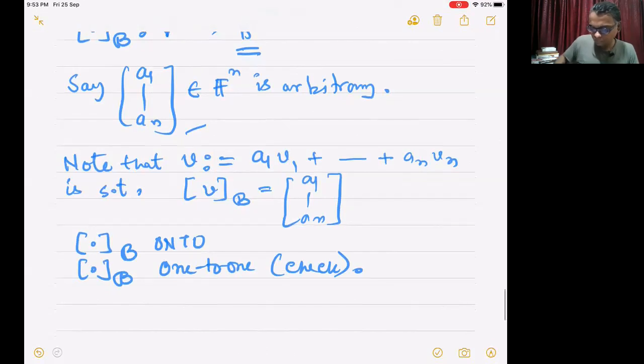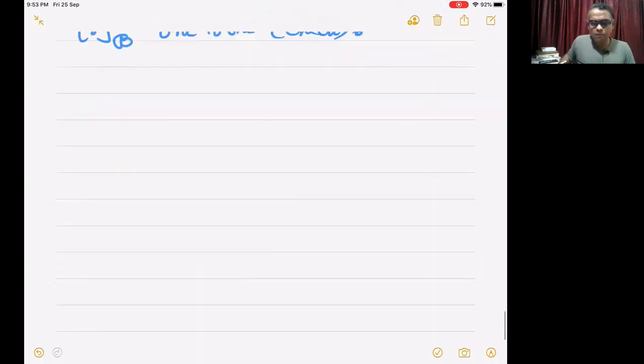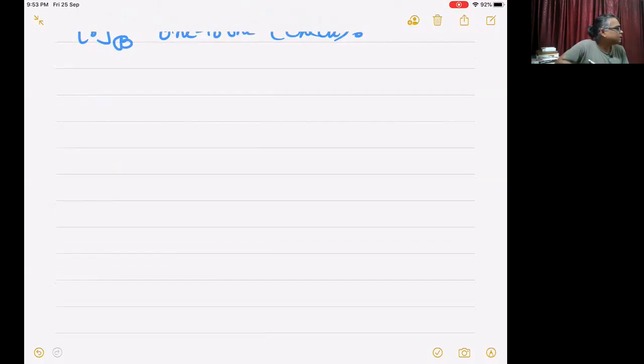Now, with this understanding of the isomorphism, we will see one way of doing the matrix representation of a linear map between two arbitrary abstract vector spaces over the same field, right? At this point we'll end this module, and in the second module we'll understand the same thing from a different point of view, a more elaborate understanding.